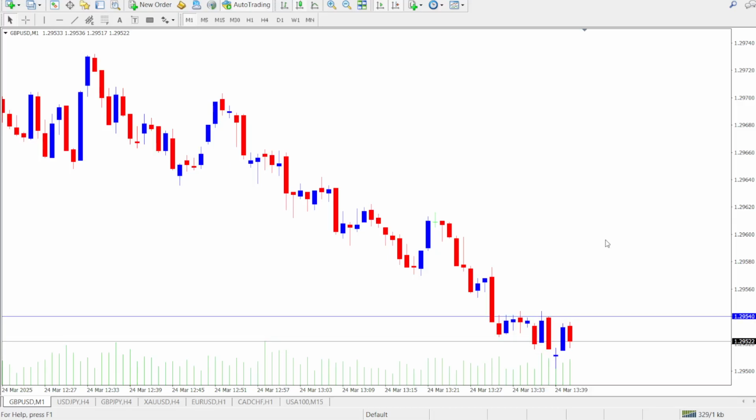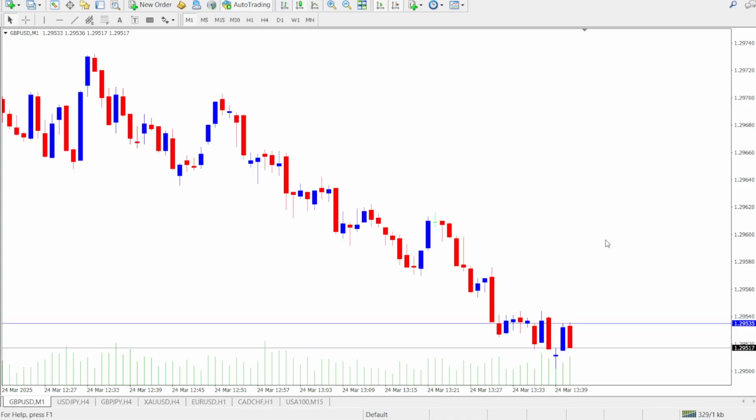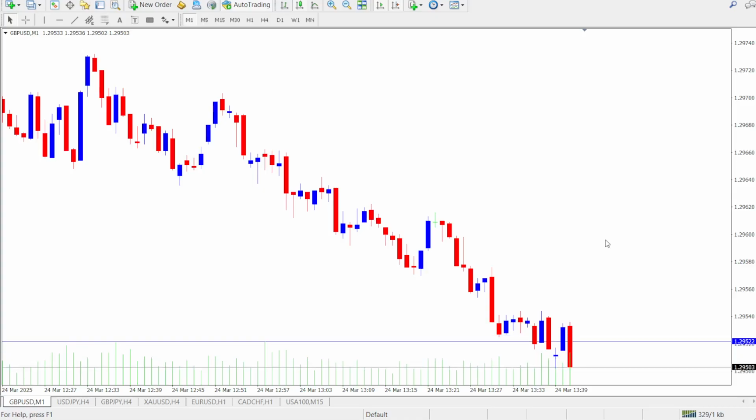In this video, we are going to be looking at one of the effective trailing stop loss indicators for MetaTrader 4. And the indicator we're going to be looking at is the ATR Trailing Stop Indicator.